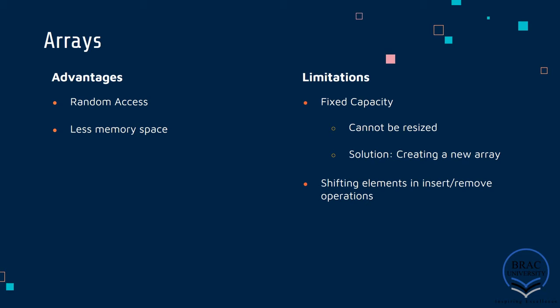Just imagine you have to shift all the elements because you want to insert at position 0. That means all the values inside the array have to be shifted once. So this is a very limiting issue. These limitations can be overcome by using a data structure which is known as linked list.